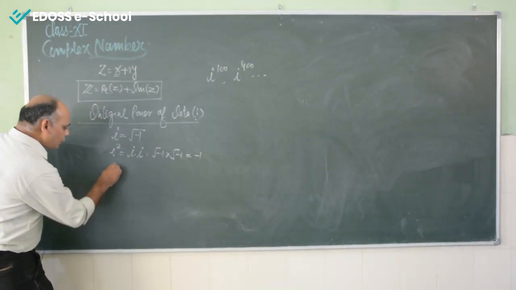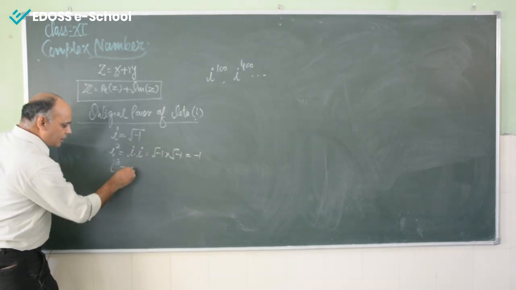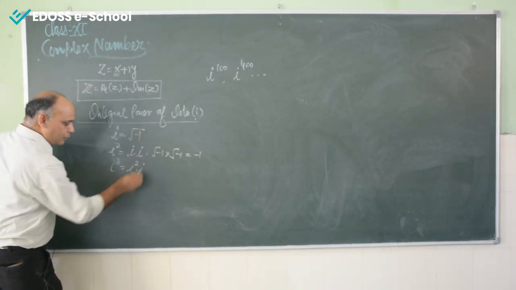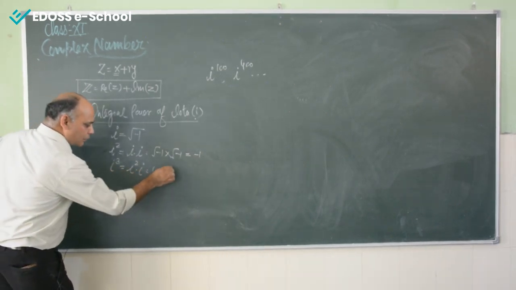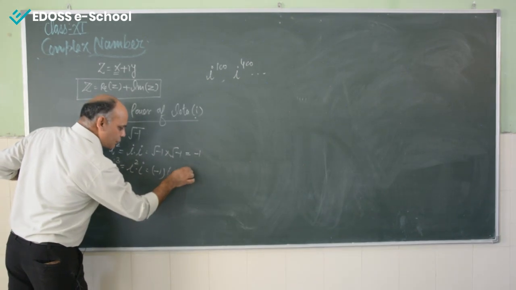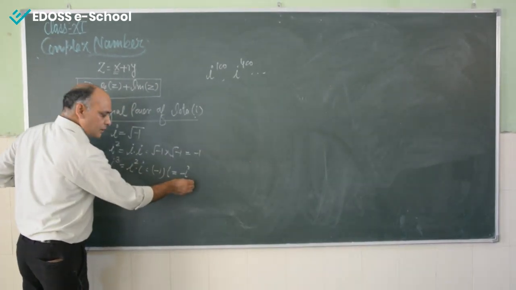If I say iota to the power 3 or iota cube, then iota cube can be written as iota square into iota. Iota square is equal to minus 1 and iota is iota, so its value will be equal to minus iota. That means iota cube will be equal to minus iota.